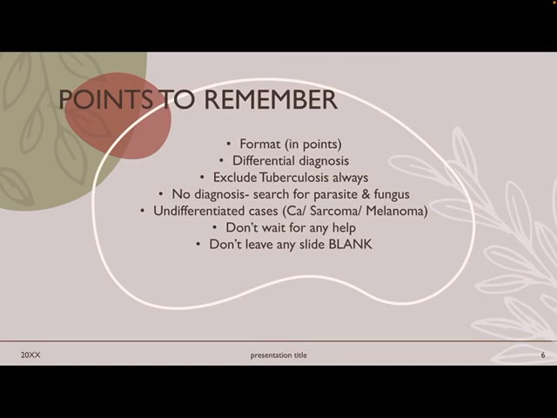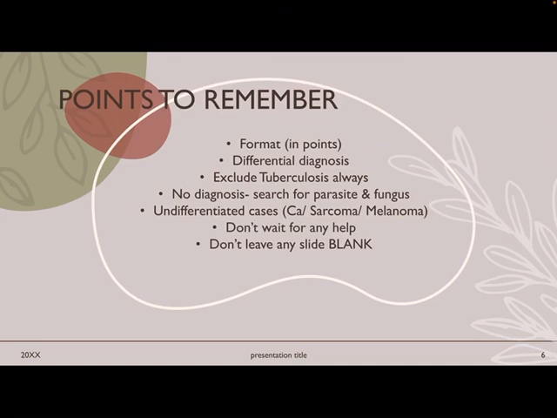And there can be some cases in which the morphology is really undifferentiated. You can't put it into any diagnosis, so you can write it as undifferentiated carcinoma or undifferentiated sarcoma, and obviously keep melanoma also in your DD. This is what my examiner had said when there was a case like this, okay?